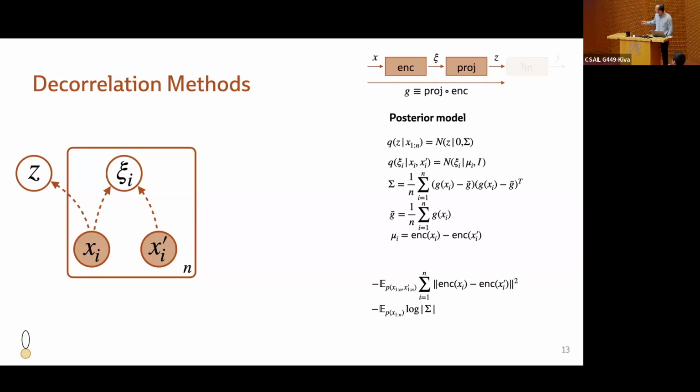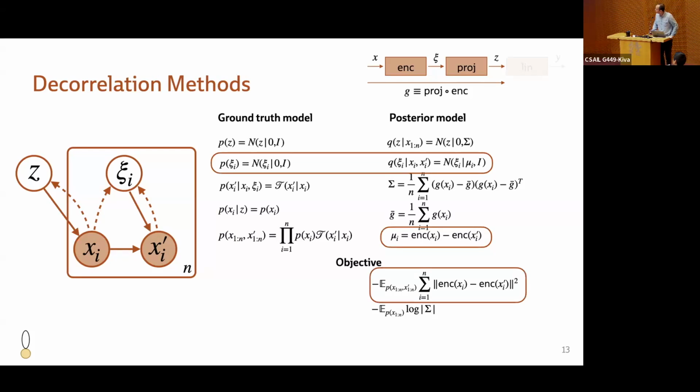Okay? And then we also define the posterior for the latent variable xi, which has some mean value and an identity covariance. The mean value in this case is just the difference between the encodings of our images.